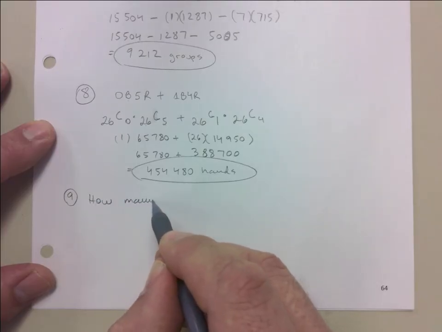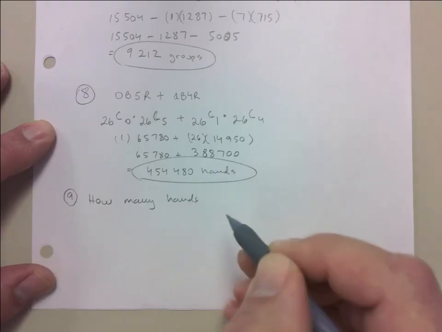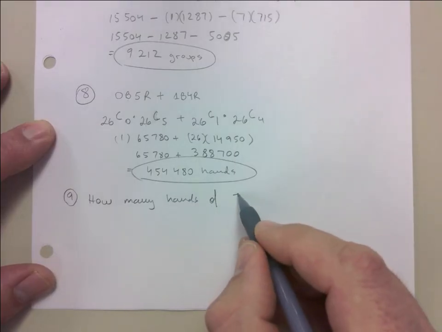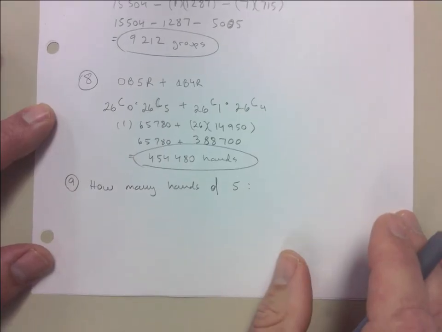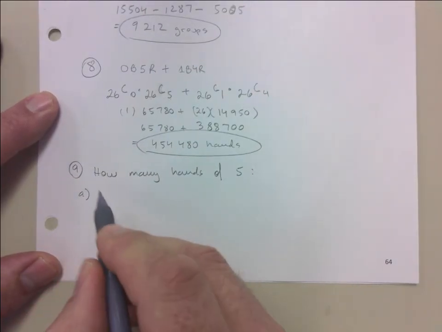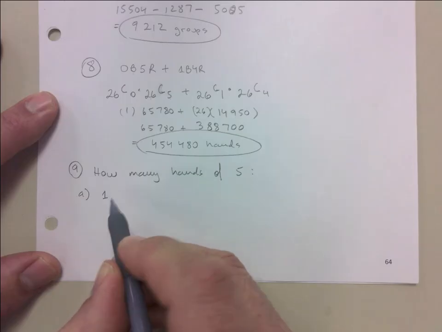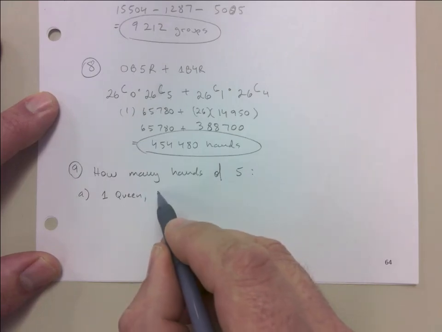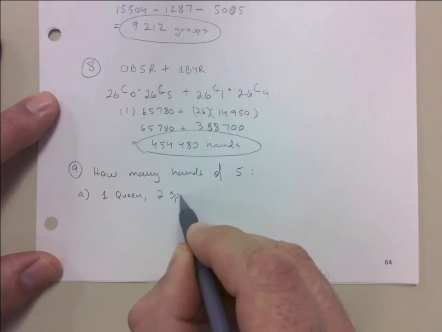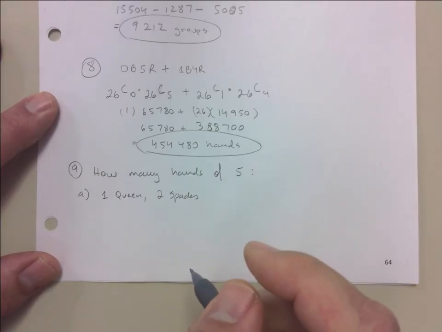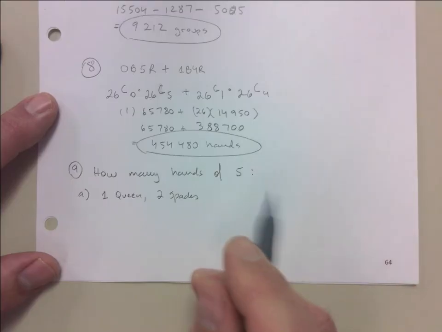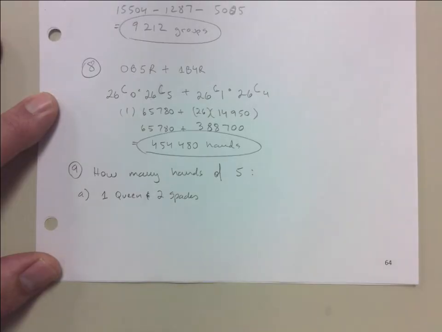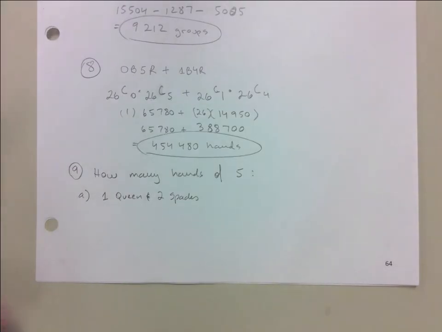How many hands of 5 can you make if you have to have 1 queen, 2 spades? That's all I'm going to say. 1 queen and 2 spades. How would you write that? If I asked you to do that.